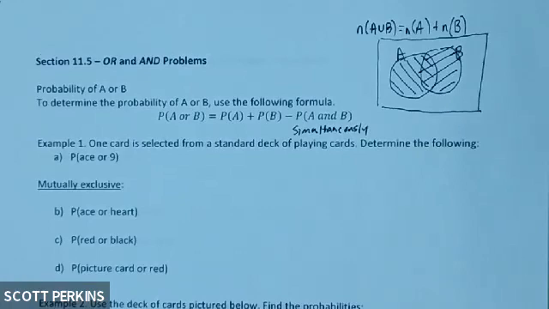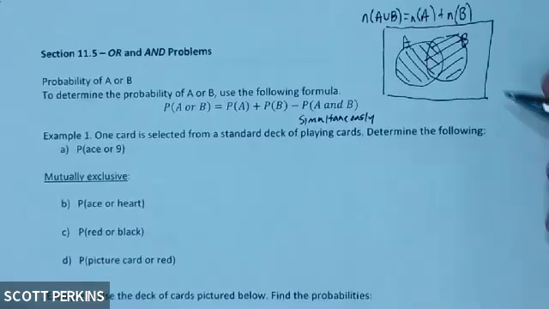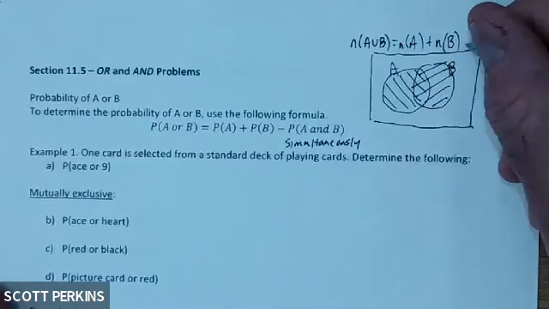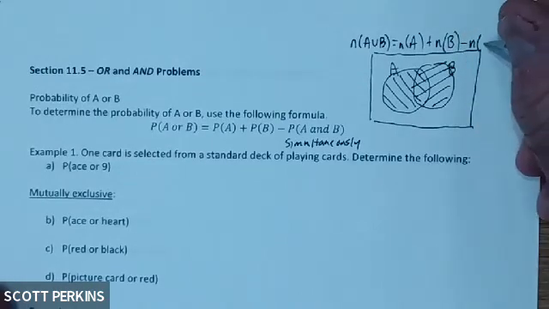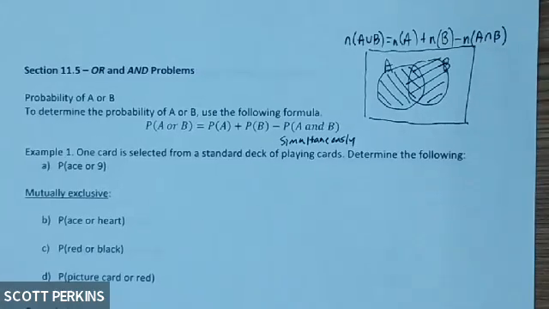Notice by my shading, what have I double counted in that drawing? The middle, the intersection. We talked about this back at the time, as you were just getting to know me. So we subtracted the number of elements in the intersection, the things that happen in both sets.